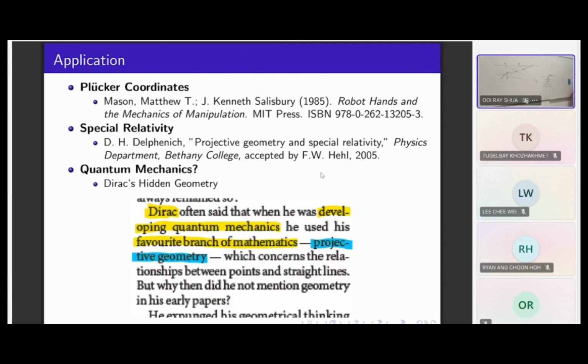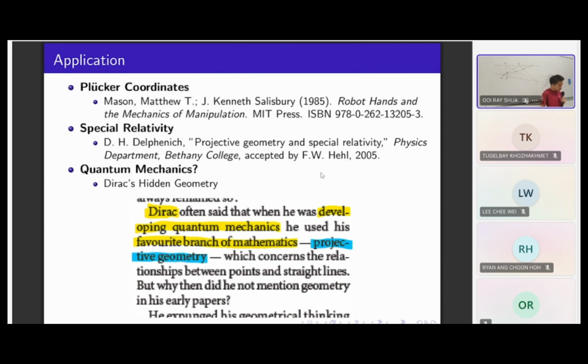I don't want to talk about the full story, but essentially the motion of something can be described by a line, a random line in 3D. To describe a line in 3D, we can use projective geometry. It very naturally describes it. And once you do that, you can make your computations more efficient in some way. You can have a look at the paper if you want.